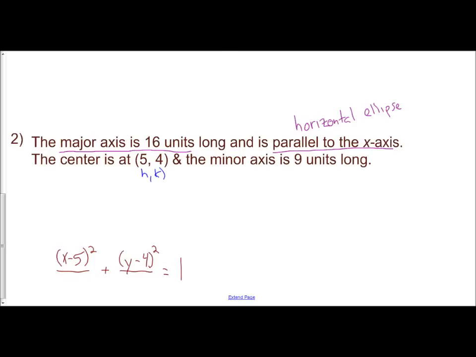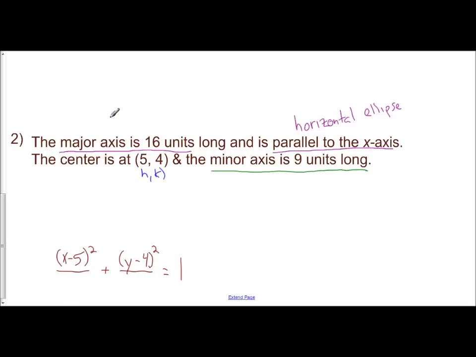I'm also given this piece of information. The minor axis is 9 units long. So how does this help us? Well, first off, I know it's a horizontal ellipse based off of the first sentence, which means that my larger number, my A, is going to be underneath the (x minus h) squared.